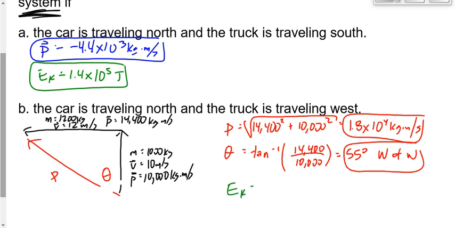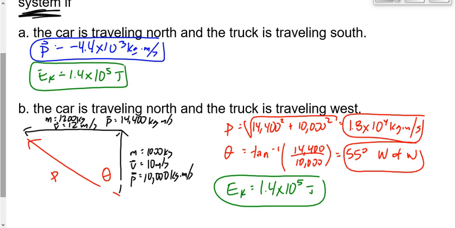Yeah, same as the first one. 1.4 times 10 to the 5 joules, because kinetic energy is a scalar. The numbers were the same in question A and B. It's just the directions were different, right? Kinetic energy doesn't depend upon direction, so the answer is going to be exactly the same. Does that make sense? So keep that straight, please.